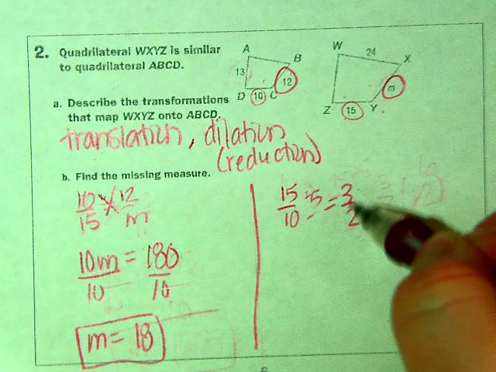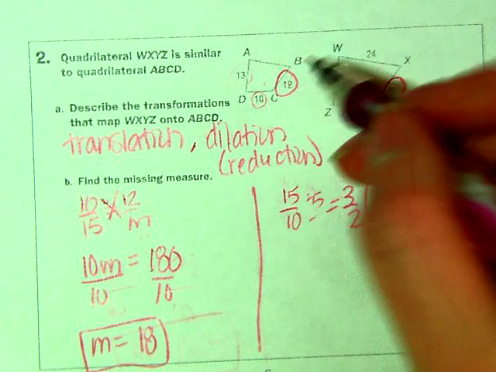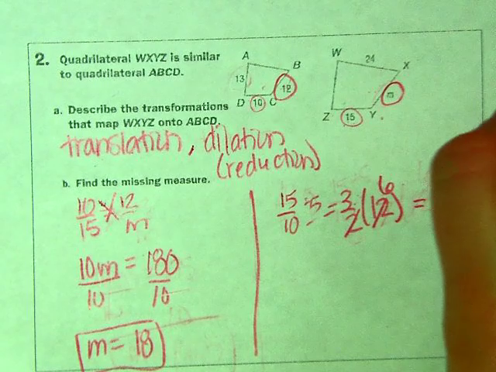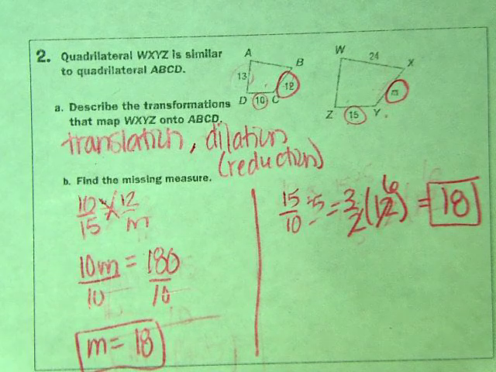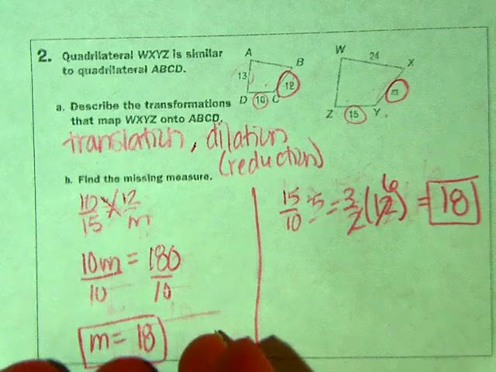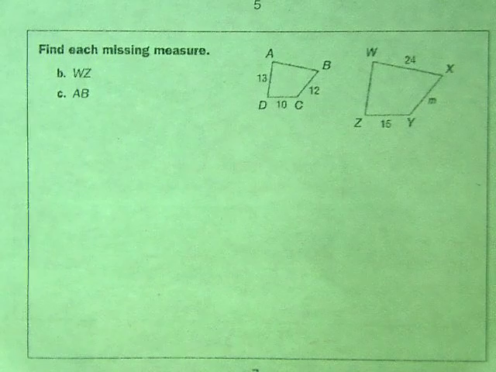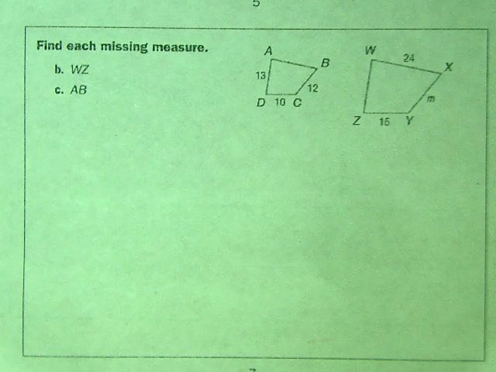So I can take the scale factor and multiply that by 12, because that's the other side. It needs to be 1.5 times bigger than that. Cross reduce here, and I would get 3 times 6 is 18 as well. You can do either one. Sometimes the scale factor is really easy to pick out, and sometimes it's not, so the proportion is a nice way to go there.